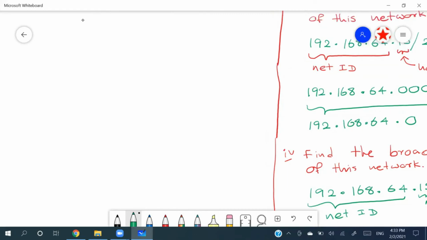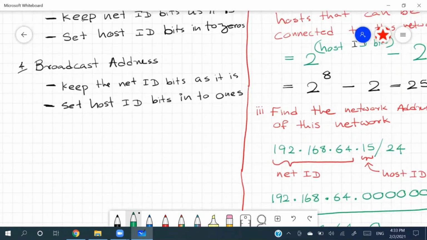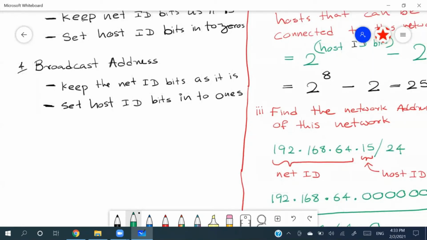So what we are doing is considering the next address after the network address and the one before the broadcast address, right? So the fifth one is about finding the IP range.